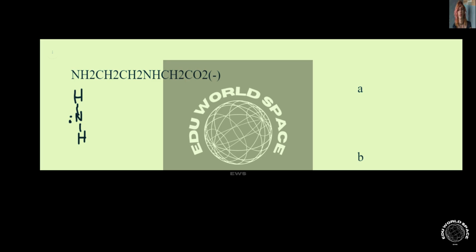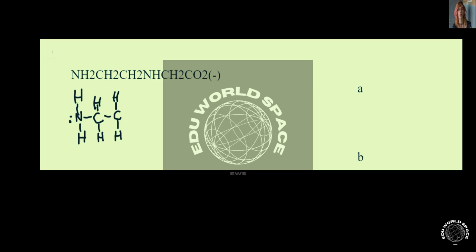And then this nitrogen is going to be bound to this next CH2 that's right here. So we're going to show that going to a carbon, and again a hydrogen, and a second hydrogen. This third CH2, draw C, then an H, second H, and these bound.